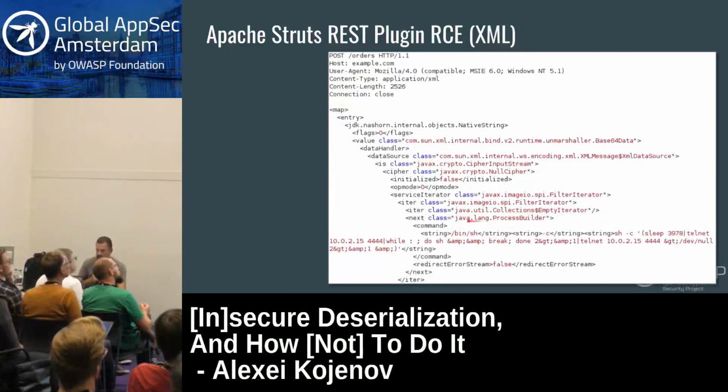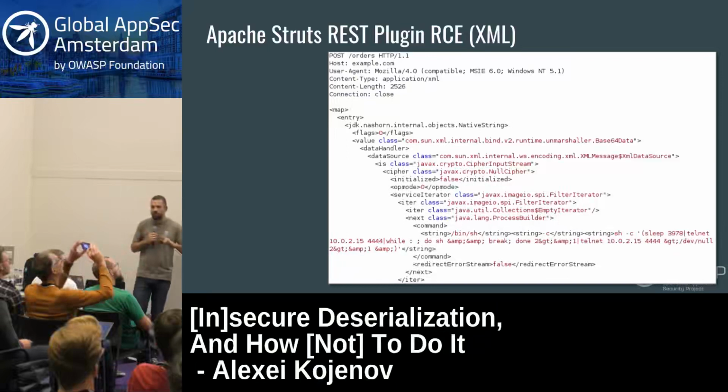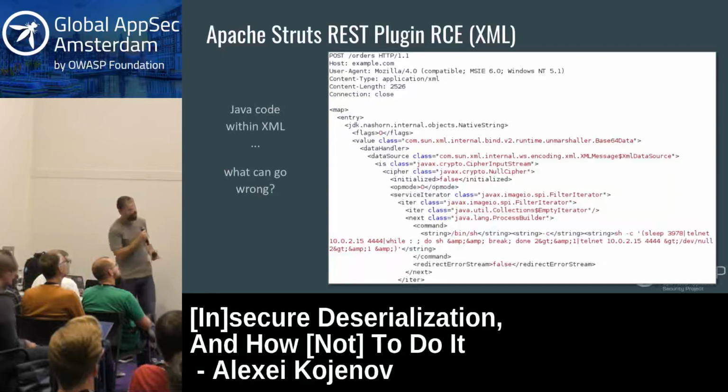And here is Java process builder and a string which suspiciously looks like a reverse shell. In fact, it is a reverse shell. So what happens is when this REST plugin deserializes this object, it creates those Java objects and calls a method to execute a command. Yeah, Java code within XML. What can go wrong?